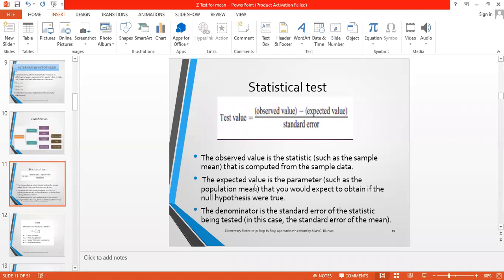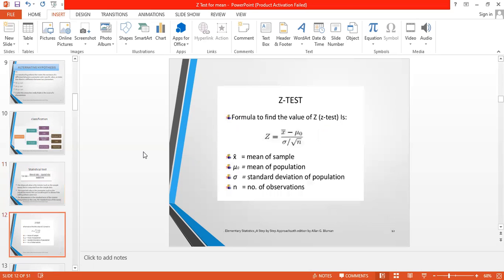The expected value is the parameter, such as the population mean, that you would expect to obtain if the null hypothesis were true, and the denominator is the standard error of the statistic. In this case, the standard error is the standard error of the mean in the case of Z-test.